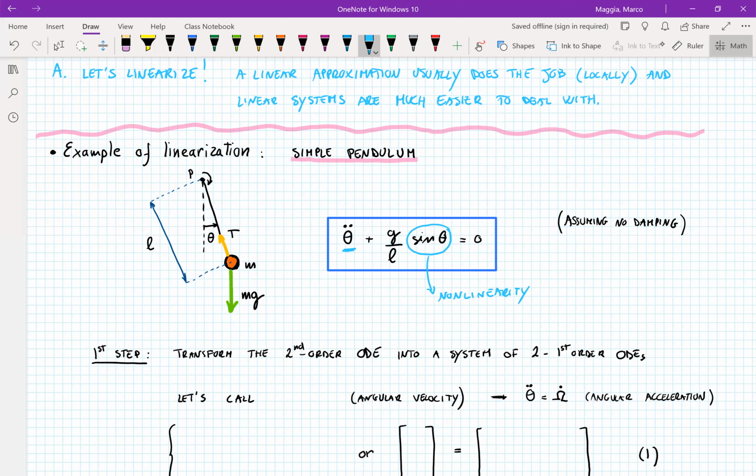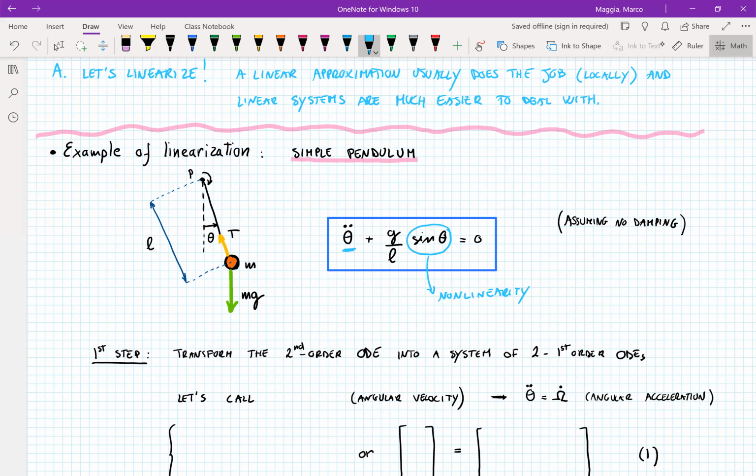All right, so what should we do? Well, we have to linearize. First of all, though, we have to transform the second order ODE into a system of two first order ODEs.